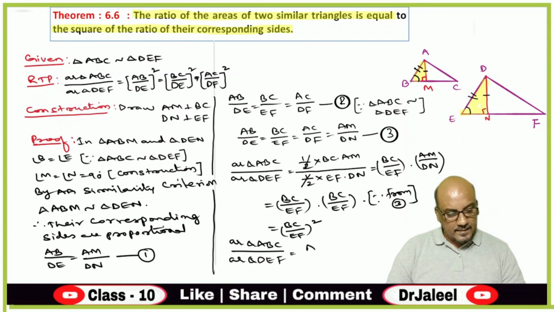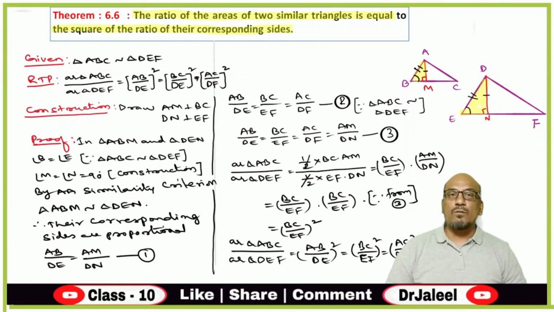So let us write AB by DE whole square is equal to BC by EF whole square is equal to AC by DF whole square. So this is how we can prove this theorem of ratio of the areas of two similar triangles, which is equal to the square of the ratios of their corresponding sides.